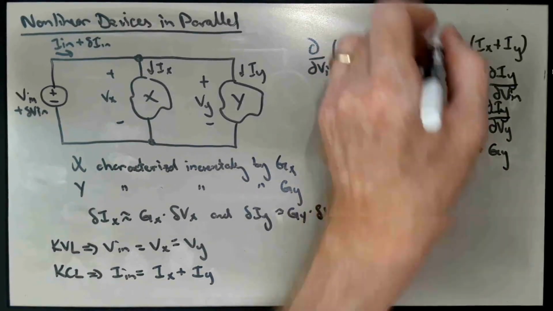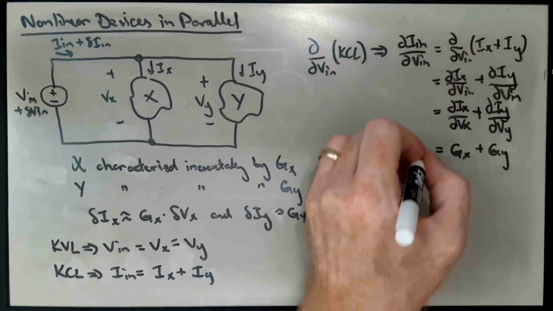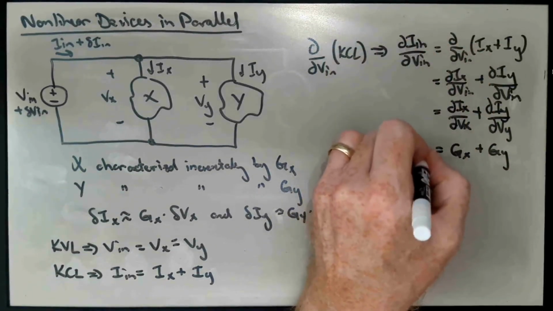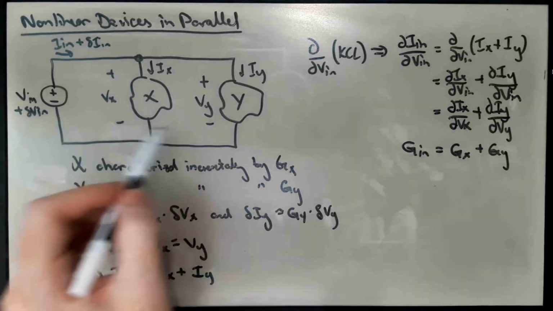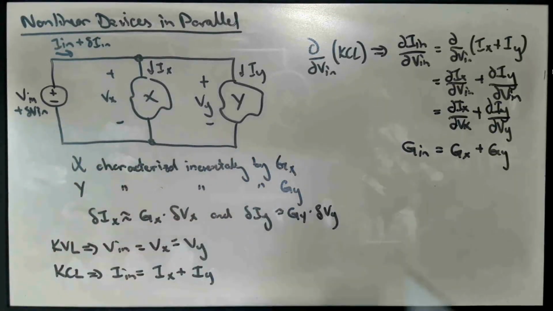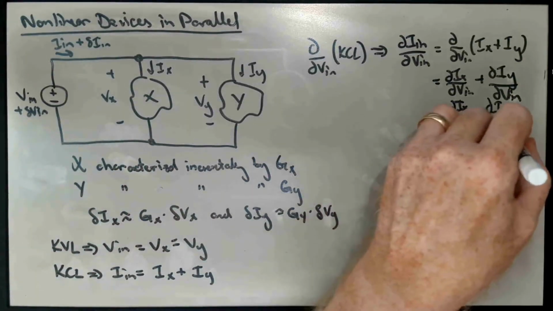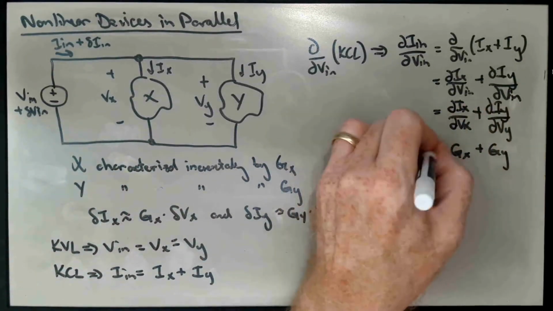And this dIn/dVn is really Gn, the equivalent conductance, or GEQ, right? The equivalent incremental input conductance of the parallel combination.